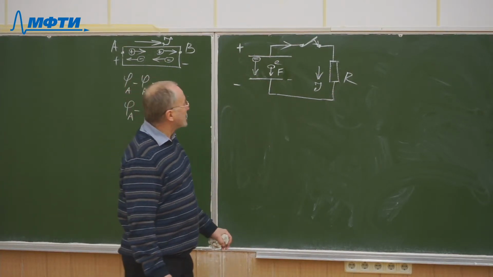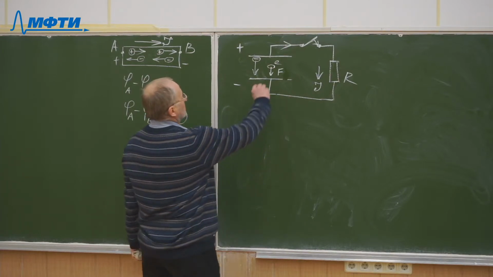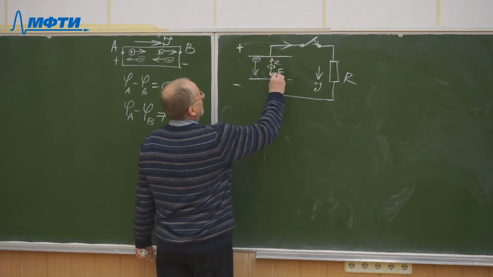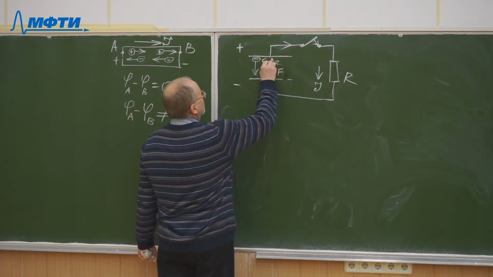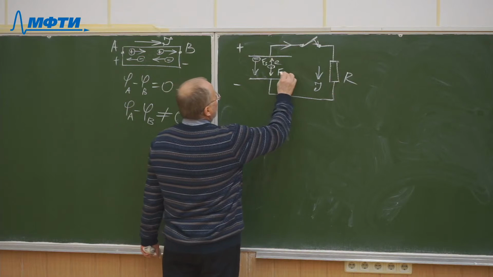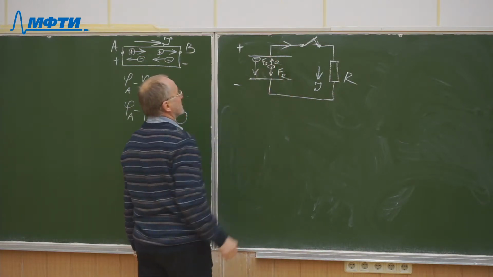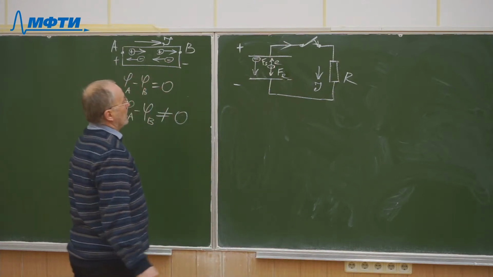the electrostatic forces. So on each charge, an electrostatic force will act. That is the electrostatic force, and that is an external force. An external force is acting against the electrostatic forces.